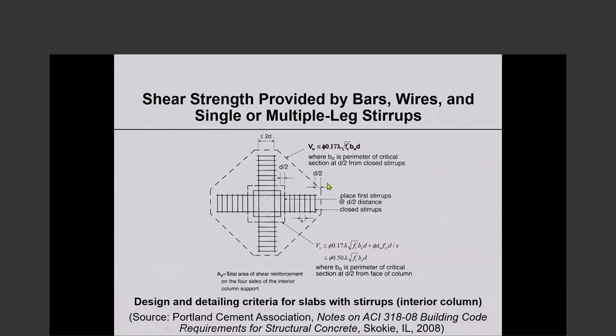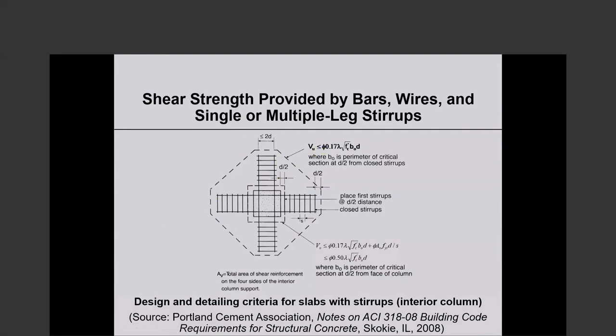Okay, this is good enough. Whether you have conventional reinforcement or stirrups or stud rails, at this critical section, around where the shear reinforcement has been left off, the shear shall not exceed 2 square root of f sub c prime.